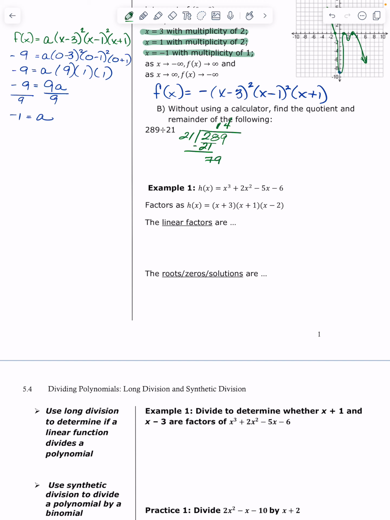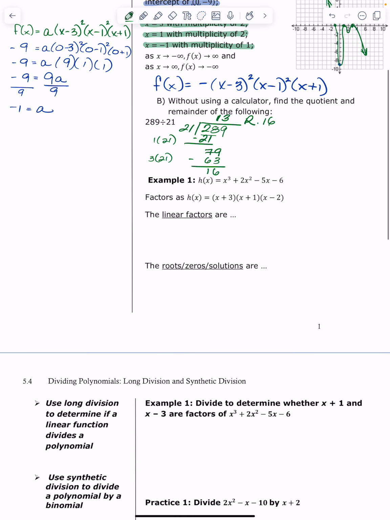Let's see, 21 times 4 is going to be 84. That's too big. So we're going to go 21 times 3, which gives me a 63. And I have a remainder of 16. Should be less than my 21, and it is.